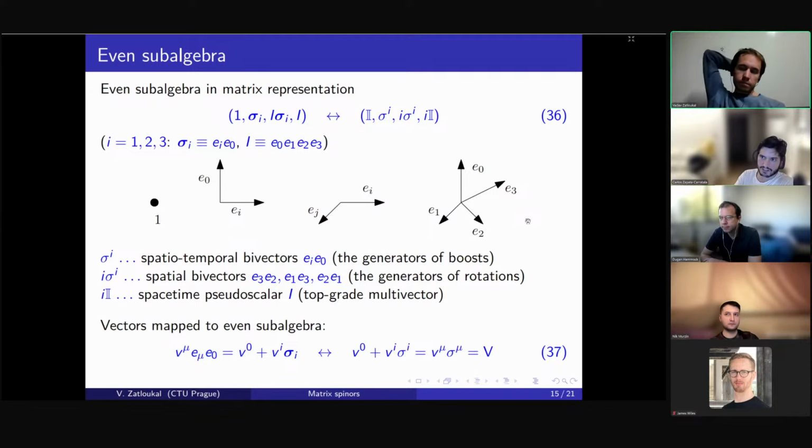Not wedge, but the geometric algebra product, right? For the commutator, it's the geometric algebra product in one order and then minus the other. Exactly. So here you would be doing the geometric product ABC for trivectors A, B, C, and then some permutations of these with some weights, right? That's kind of an open thing on what to do.